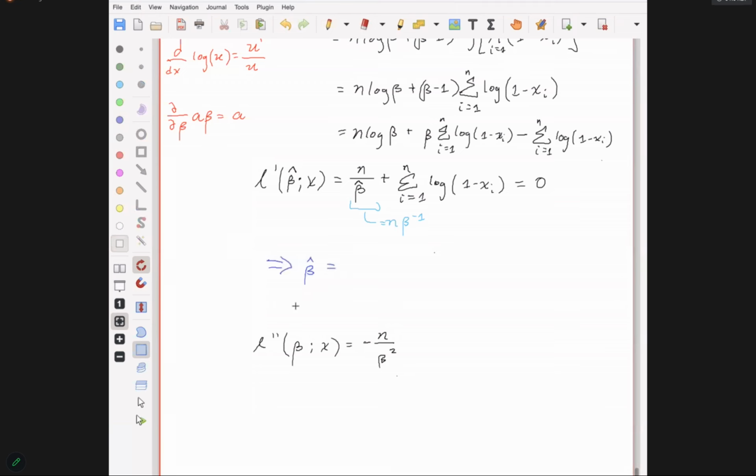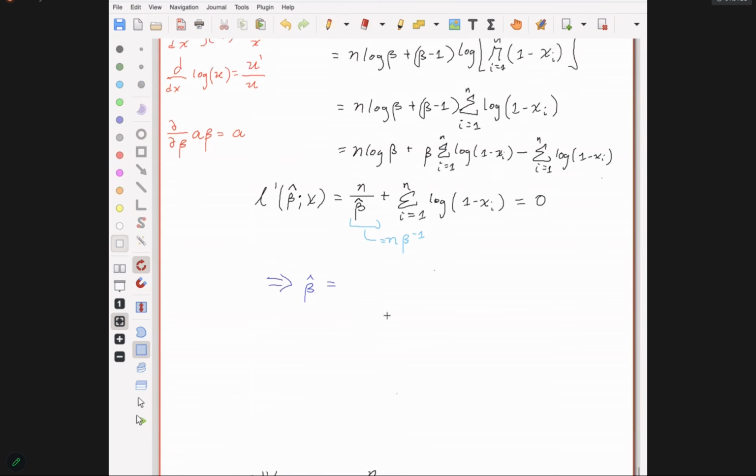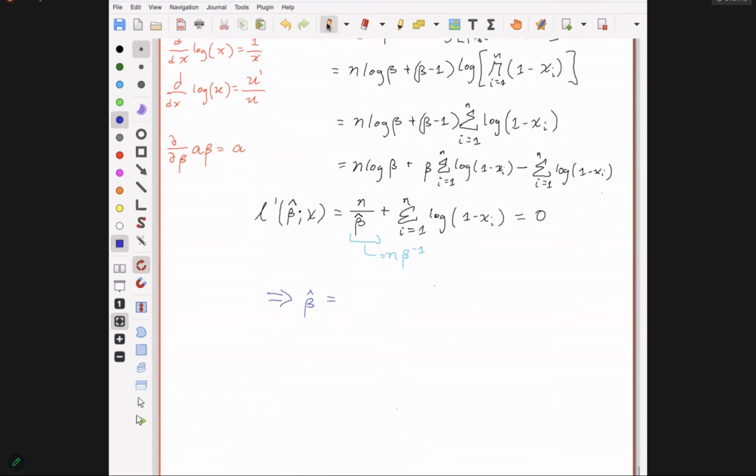No, that's the second derivative of the log likelihood. Set the second derivative aside for now, because we're going to come back to that. Right now we're just focused on finding what value of beta hat makes the first derivative equal to 0. What values make the first derivative equal? I'm not sure.